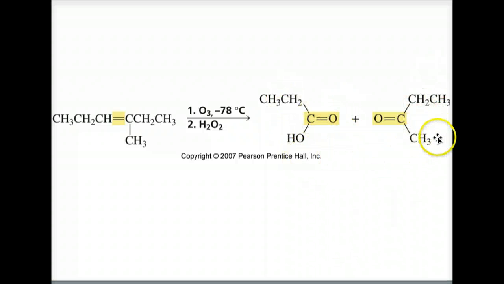This is the ketone. And we have undergone oxidation under oxidizing conditions. So an ozonide is initially formed. In oxidizing conditions, the ozonide forms ketones and/or carboxylic acids.